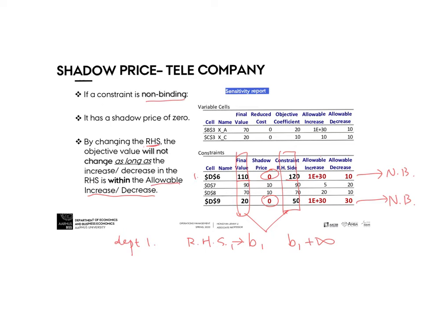That's why the allowable increase is infinite. On the other hand, if you decrease B1 by 10 units or less, for example 9.9, within this range your optimal solution will not change because your shadow price is 0.